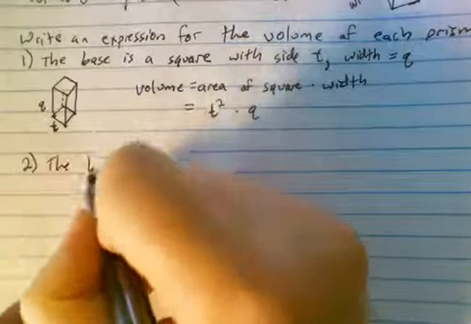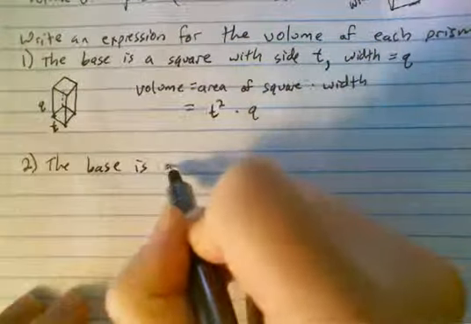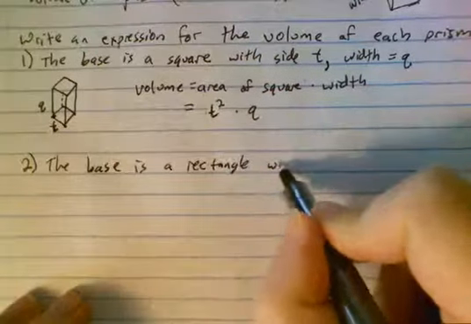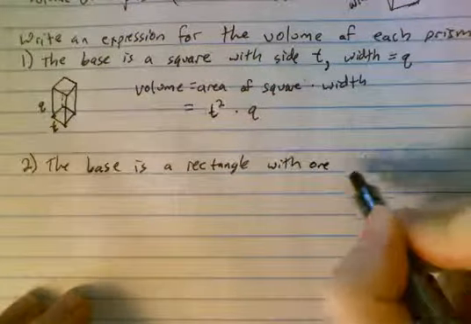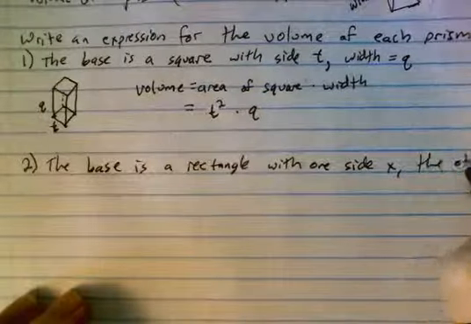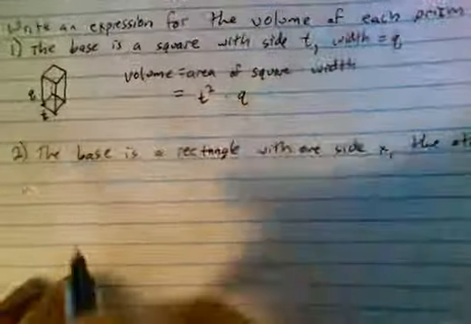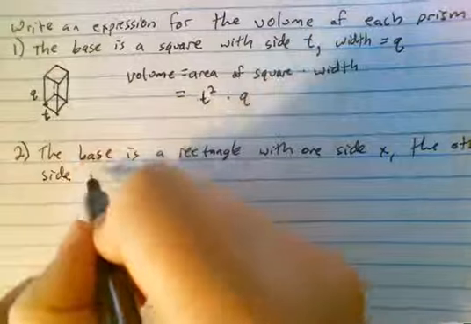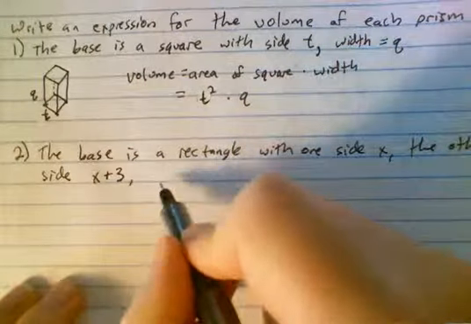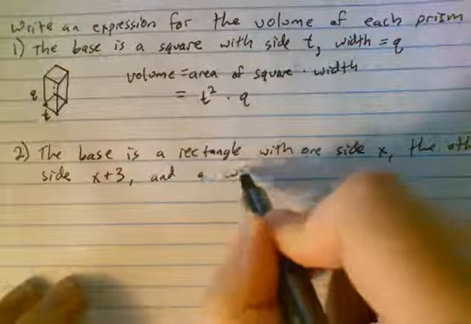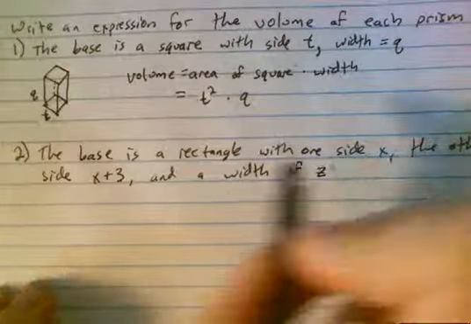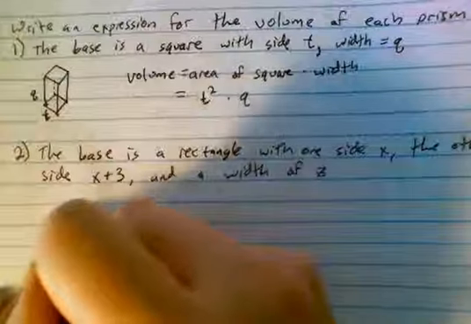So we're going to say the base is a rectangle with one side x, the other side x plus 3, and a width of z. So let's say our base is over here this time.